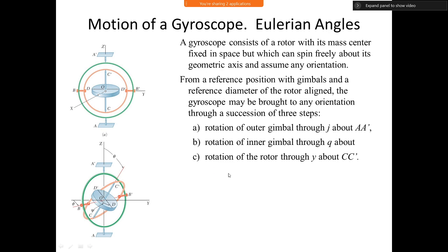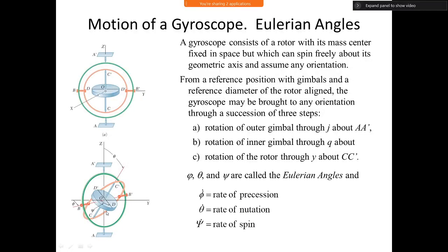In fact, this could be theta. If you see the second diagram, we can rotate things by phi, theta and psi. These phi, theta and psi are called Euler's angles. These are terms which, if you do courses on robotics, you will get into more details of.